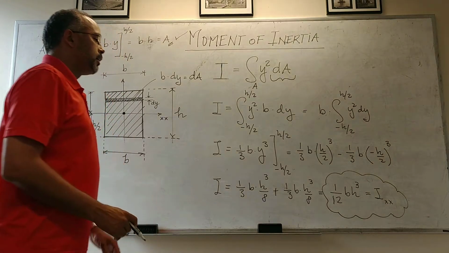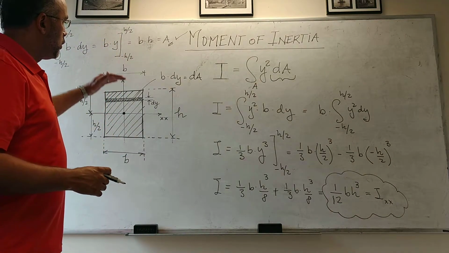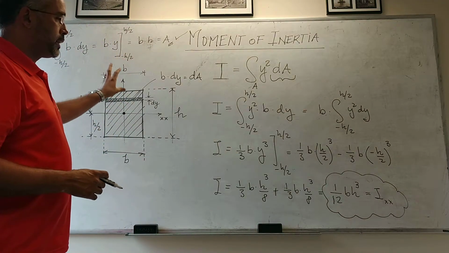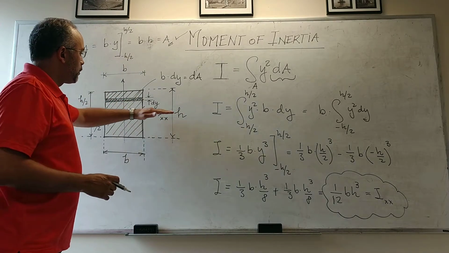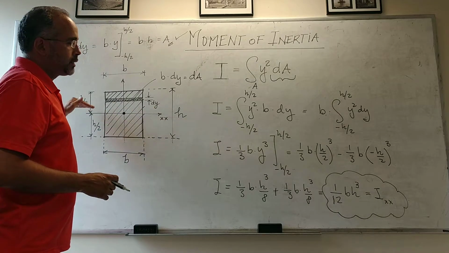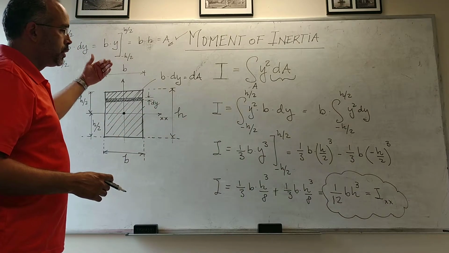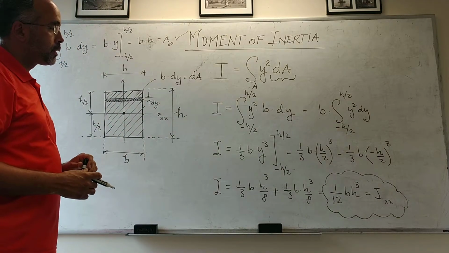And that is the well-known result for the moment of inertia of a rectangular cross-section around the horizontal axis that goes through the center of gravity.